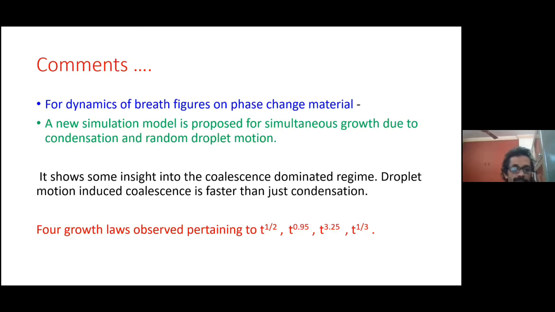And then, in addition to earlier known regimes, T raised to 1/2, T raised to 1, and T raised to 1/3, okay, there is emergence of a new growth regime, T raised to 3, which we have found in this particular case of condensation of phase change materials.